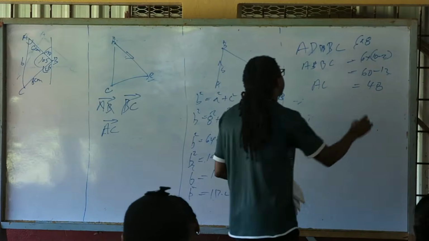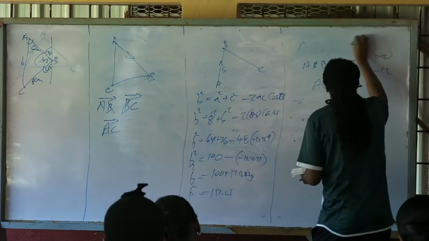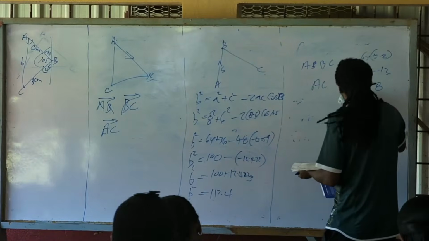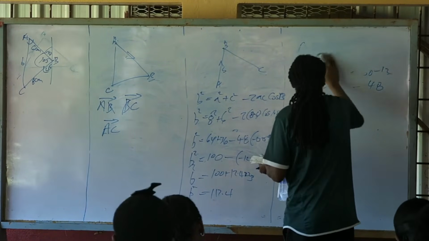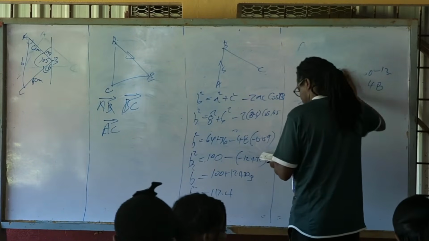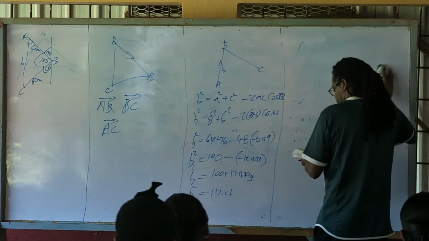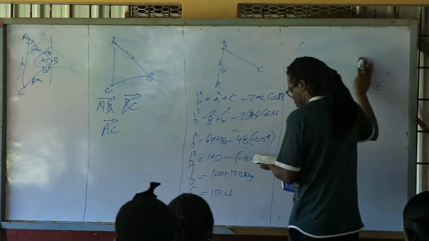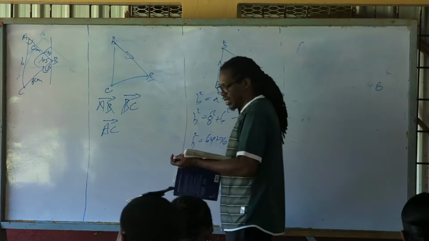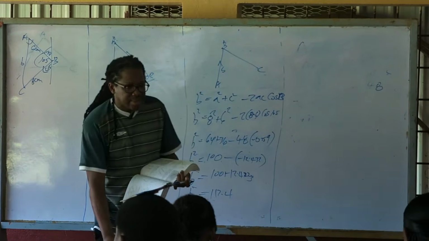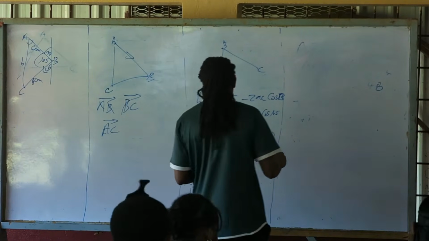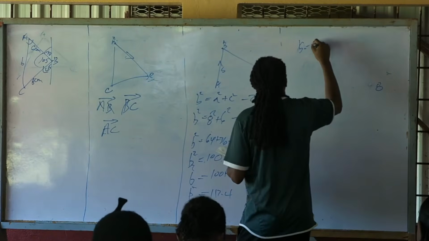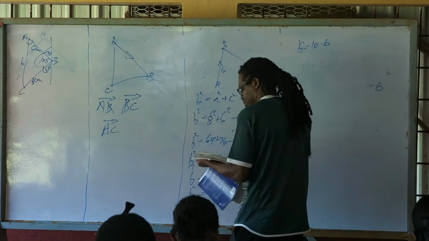Square root that. B equals 10.6. You sure? B equals 10.6.